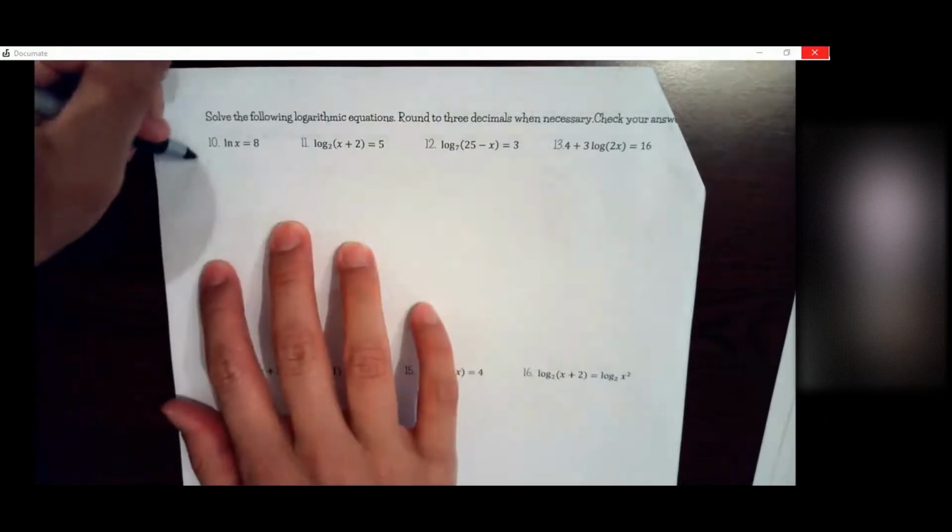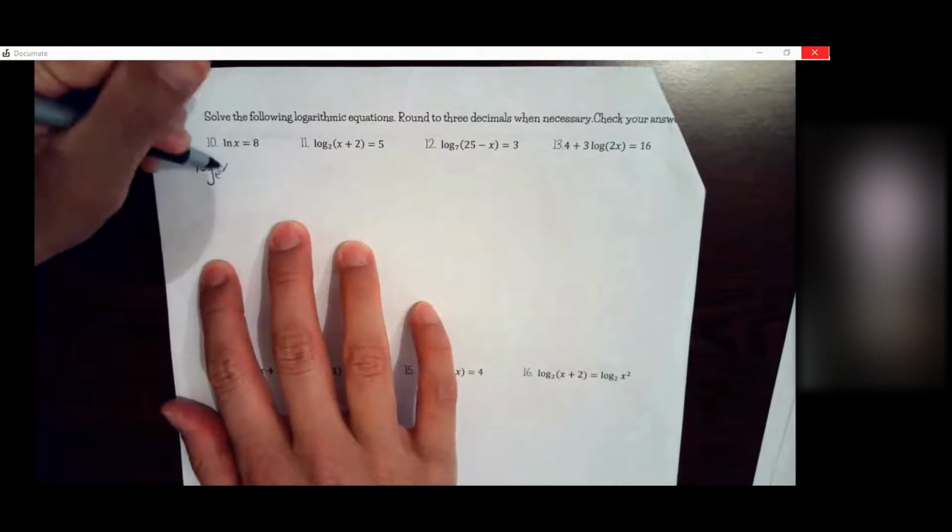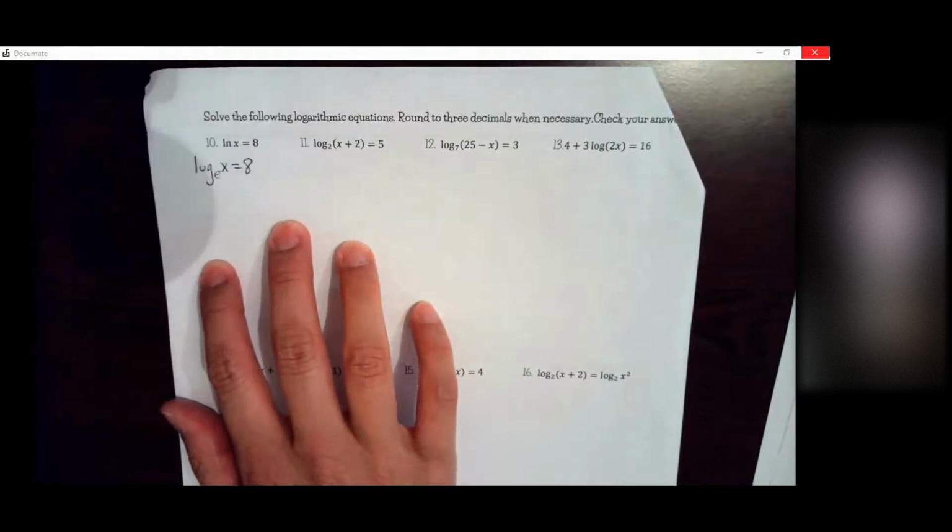How would we do number 10? Okay, maybe we can get this left side a little bit more descriptive. How else can I write natural log of x? Log base e of x. And typically, if I'm stuck in log form, I like to explore exponential form, and maybe that will give me another perspective on the problem.